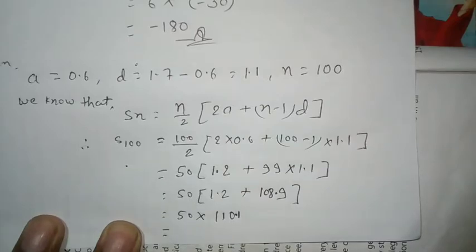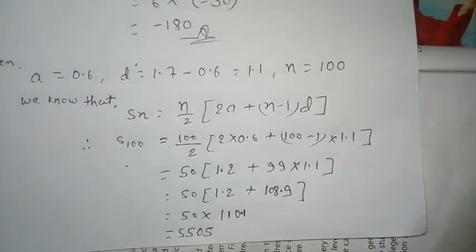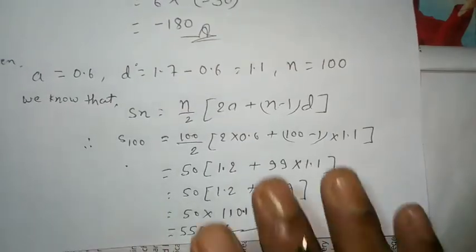So you multiply, and we get 5505. Answer. Now the next question, question number 4.